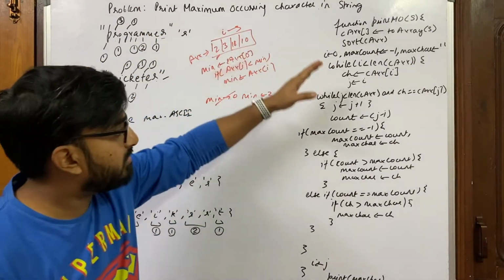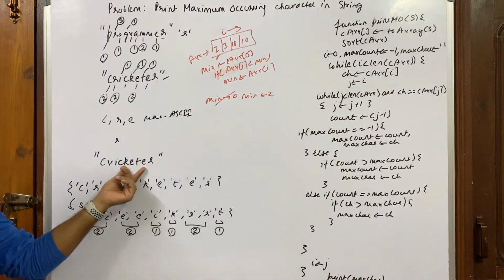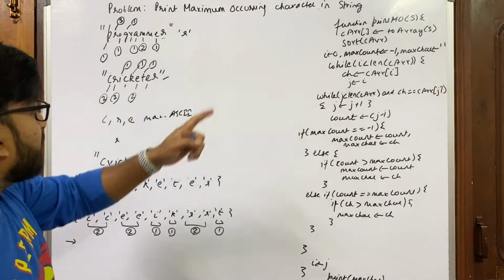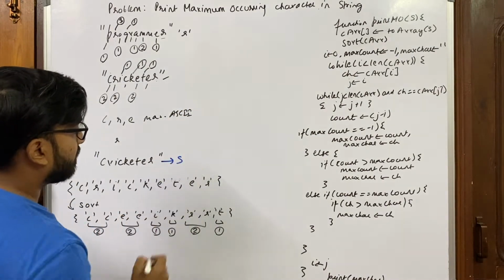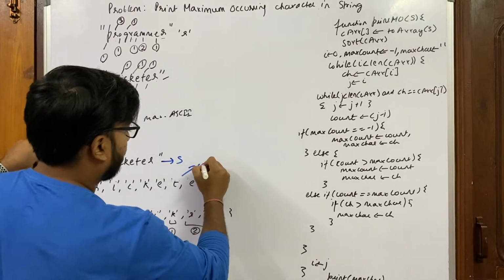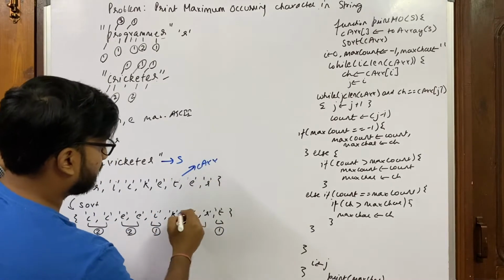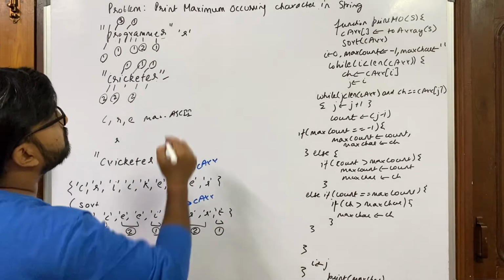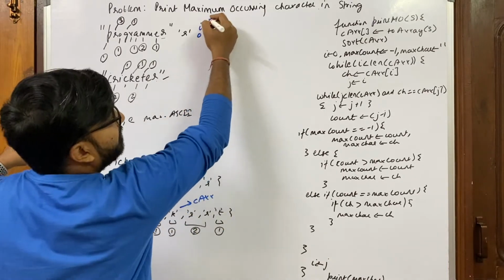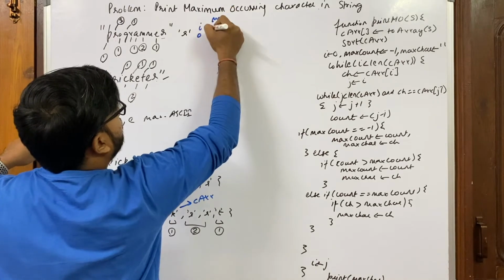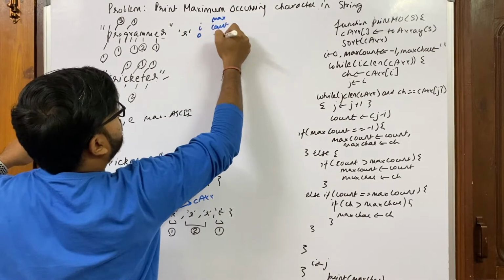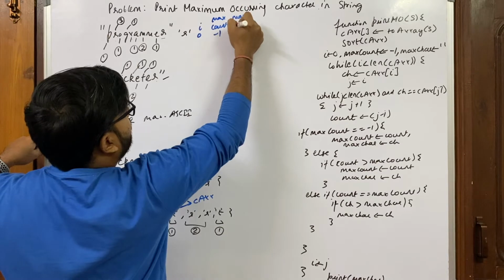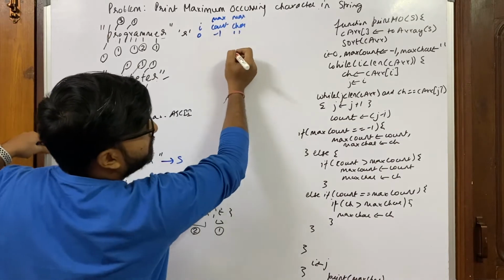So let's dry run this on the string cricketer. I start with my string s as this cricketer, and this is my CARR, the sorted s2 string. I have I that starts with 0. I have max count that starts with -1. I have max char that starts with a blank. You can set it to 0 as well.